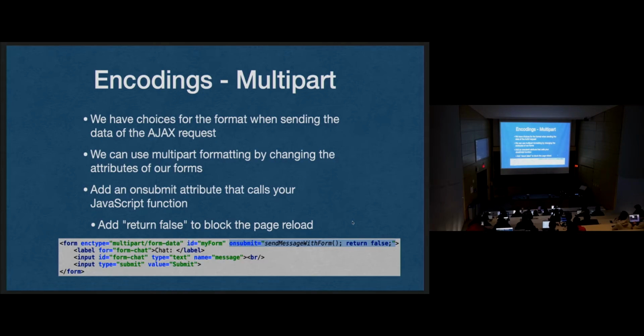For the homework, that response is a redirect, and then you redirect to the home page and render that home page. Instead of that, we're going to create an AJAX request by overriding the onSubmit functionality. Instead of using the default browser functionality when you submit a form, which is send the data as a request and reload the page, we're going to override that. Return false says don't do what you usually do, and instead call our function, send message with form, which will be on the next slide.